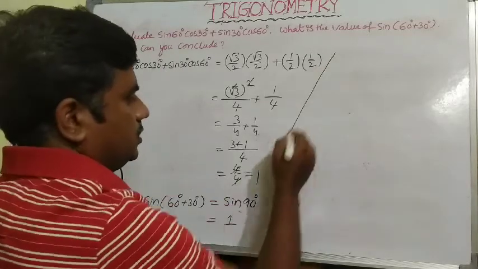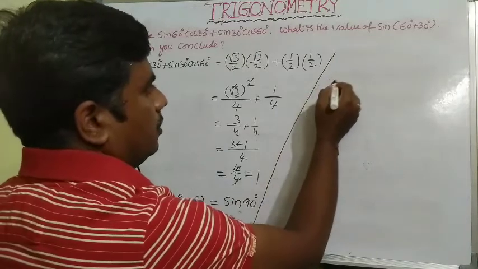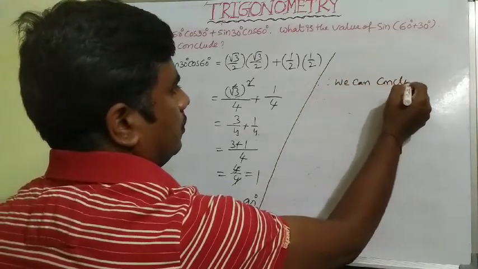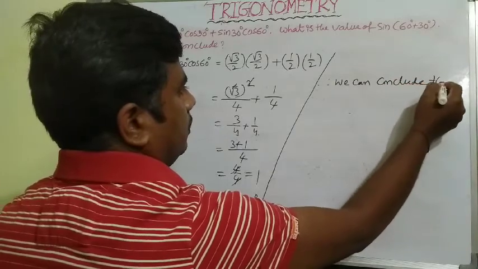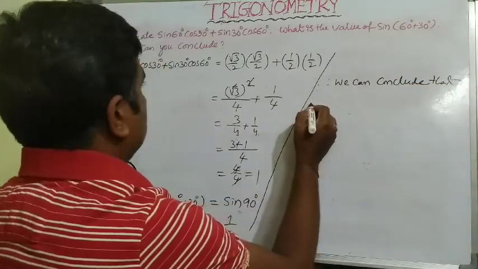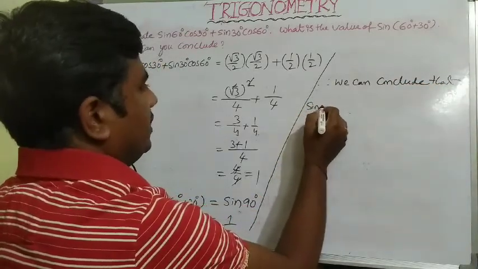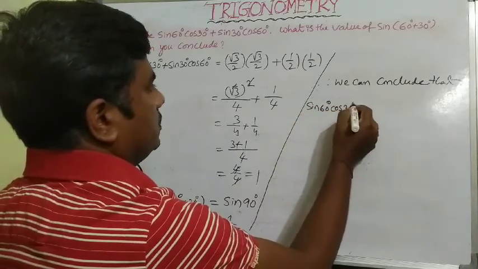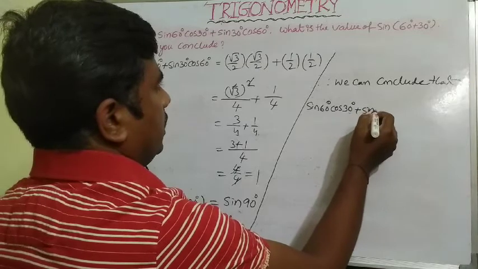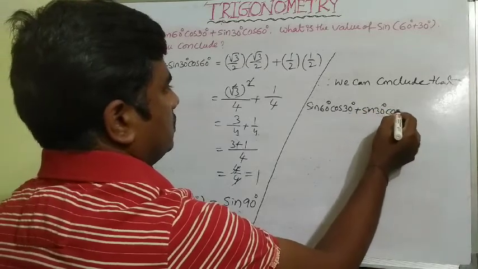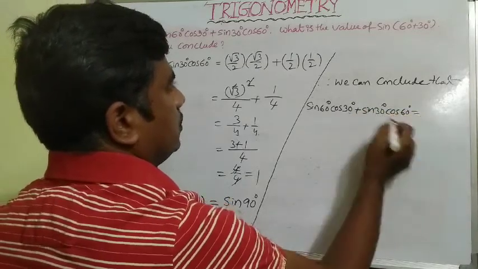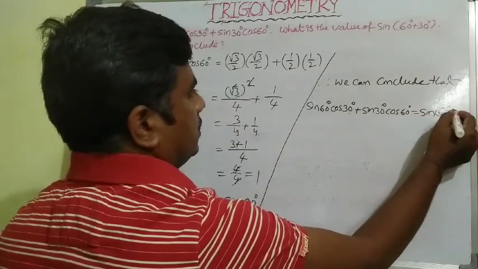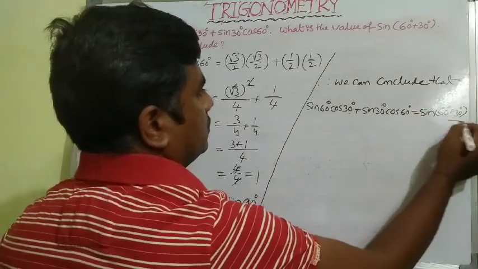So from this we can conclude that sin 60 degrees cos 30 degrees plus sin 30 cos 60 degrees is equal to sin (60 degrees plus 30 degrees).